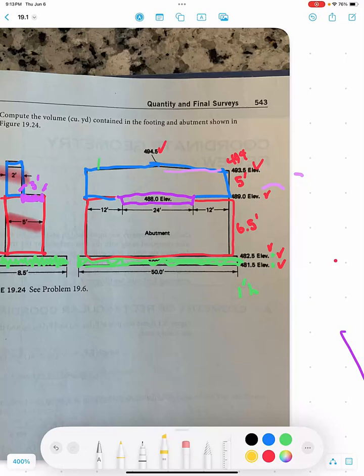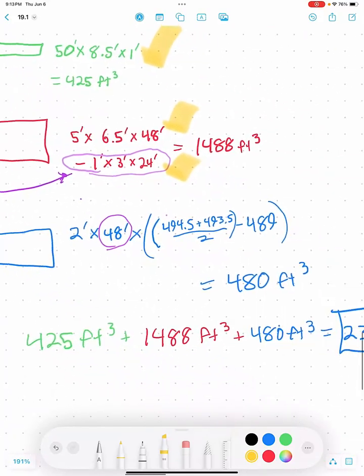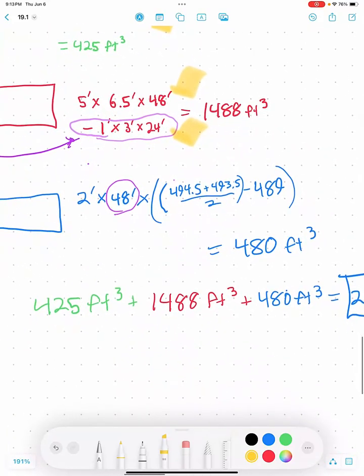Then it gets a little trickier here. You can do the end average area method kind of on the same thing, where you've got a known elevation, 494.5, 493.5. The average height of that is 494 even, so you can take an average height to take that into account.